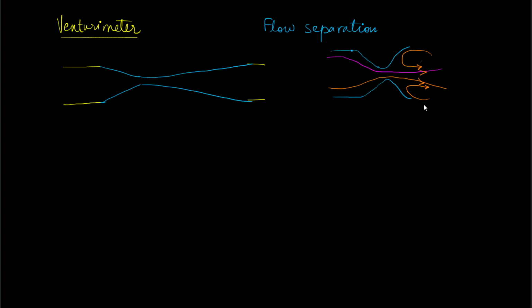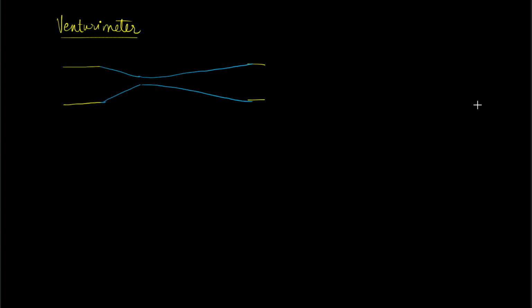So these circulation zones essentially are eddies which extract a certain energy from the incoming flow in order to sustain their vorticity. So we want to avoid flow separation in order to prevent any non-idealities in the flow.